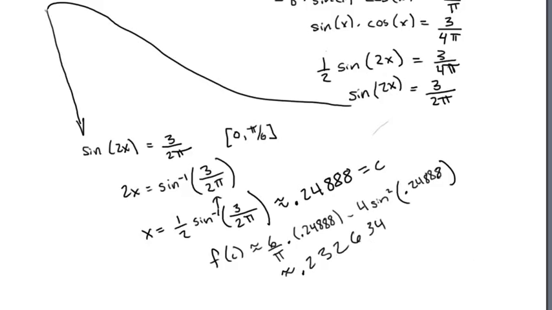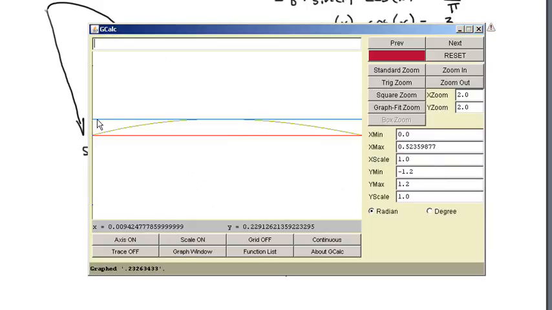And if I graph that, that is this value right here. And you see that this horizontal tangent line passes through, and it looks like it approximates the function very well through that point. So it looks like we have the right thing, apparently.